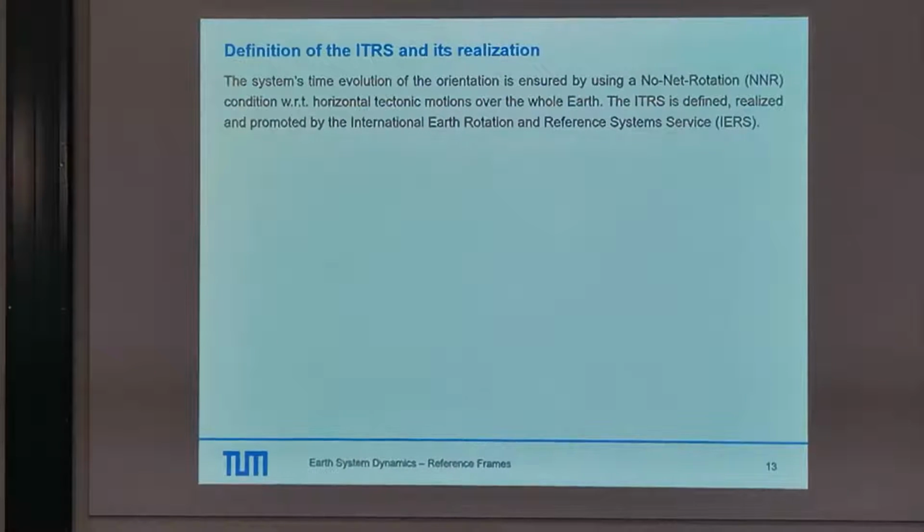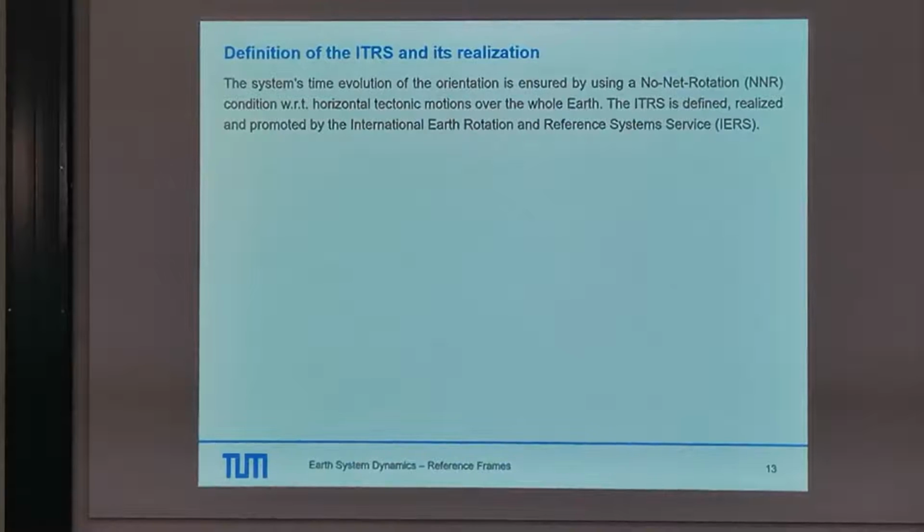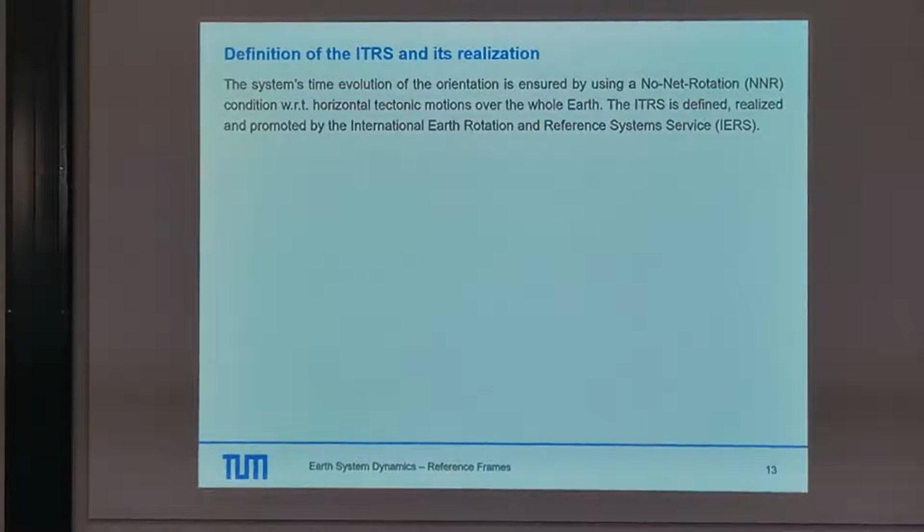So the whole network is rotating one day around itself. And this is minimized by subtracting the common part out of it and constraining this to zero. So the stations are not allowed to move one day around itself. That's why it's co-rotating with the Earth, because the reference system is not allowed to perform this daily motion.